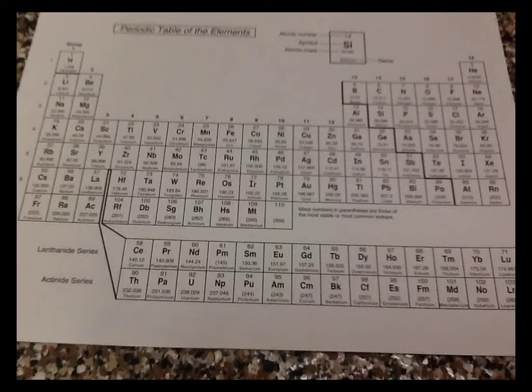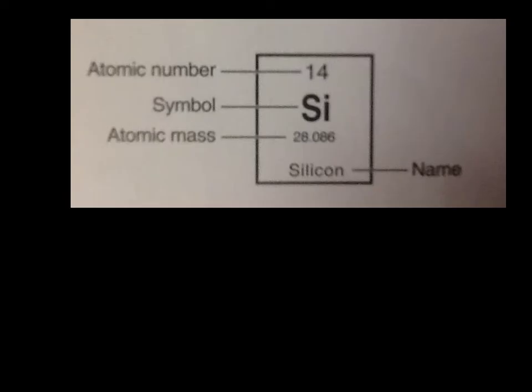Some atoms don't have only valence electrons. Some have normal electrons, or just electrons. Electrons can be determined by this number. This number right here is its atomic number. Its atomic number also tells you how many protons it has, which determines what type of atom it is. In this case, silicon.